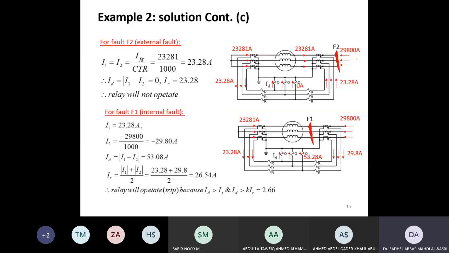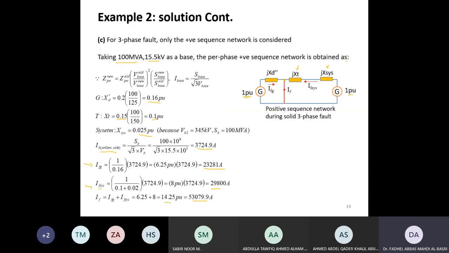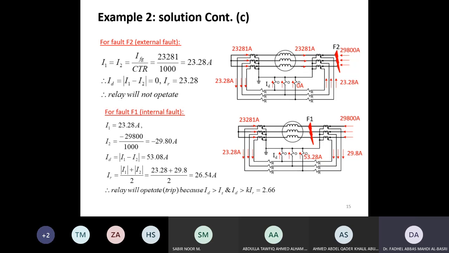The current coming from the system is 29,800, and the current from the CTs from the generator side is 23,800 something. This is from the generator side, I fault IFG. Okay, and that's IF system.